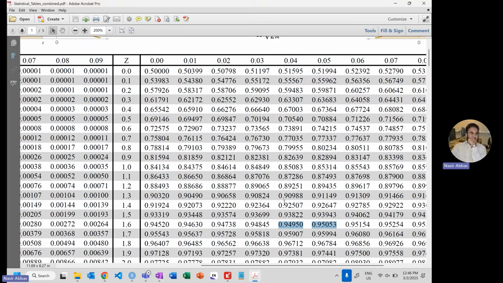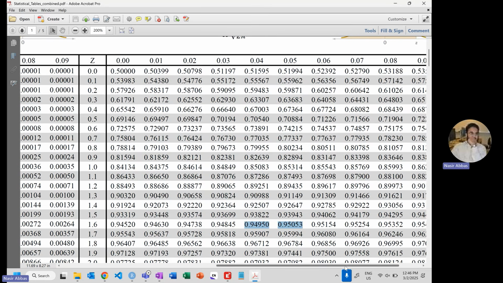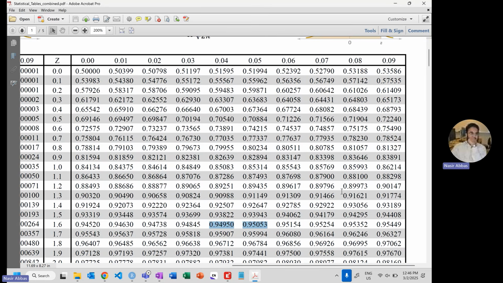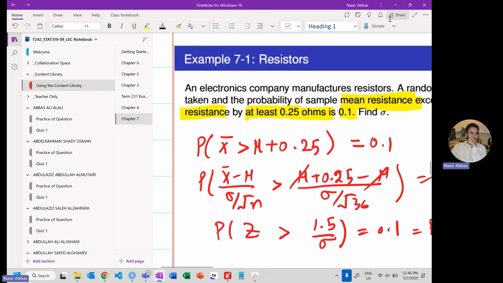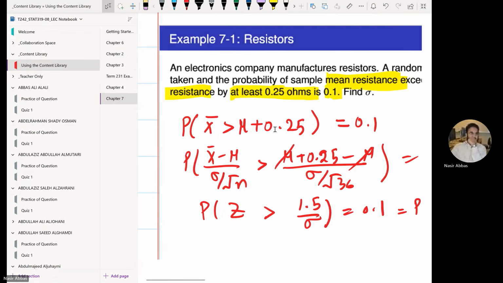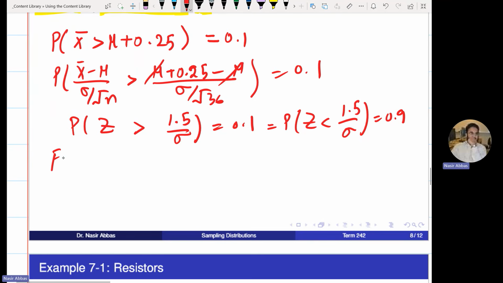Where is 0.9000? Again, you will not find it exactly, but where is it? I think it's closest to this value, so I will take 1.28. So from the table, I have probability of Z less than 1.28, almost 0.9.